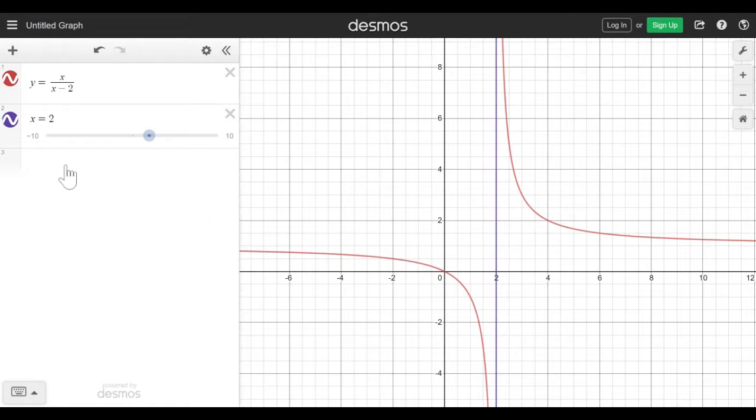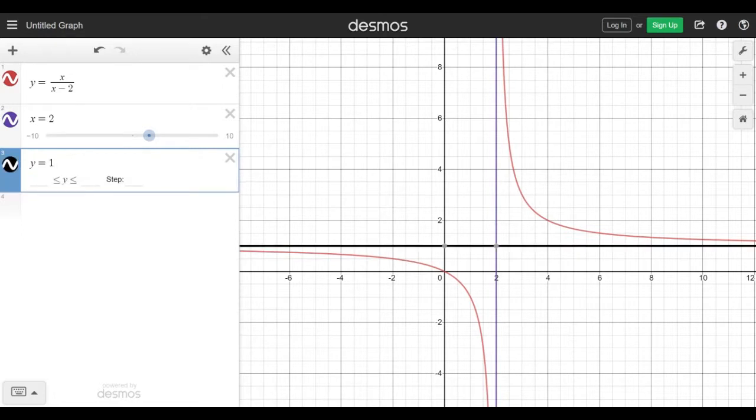Okay, and the horizontal asymptote is y is equal to 1, because we have to take the leading coefficient on the top divided by the leading coefficient at the bottom. So 1 divided by 1 is 1. And you can see the black line here, which is the horizontal line. It's the horizontal asymptote. The purple one is the vertical asymptote, and the black one is the horizontal asymptote.